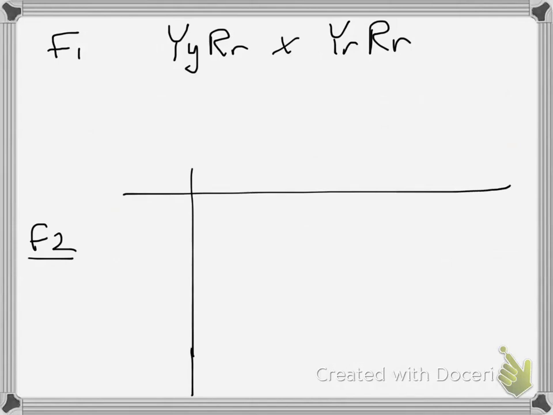What we want to do is make every gamete possible. This is my female, this is my male. Let's start with the first allele of our color. We've got big Y, and we combine that with big R. Now let's do it again.